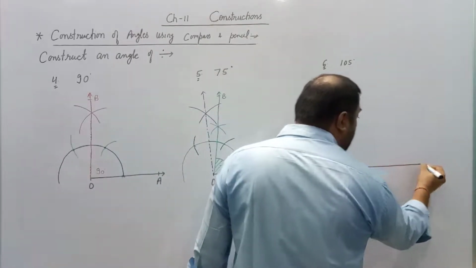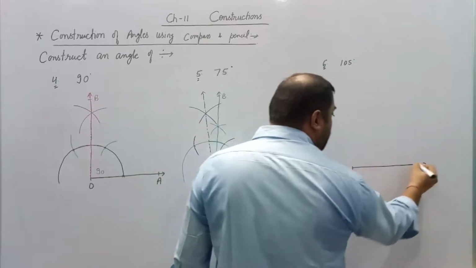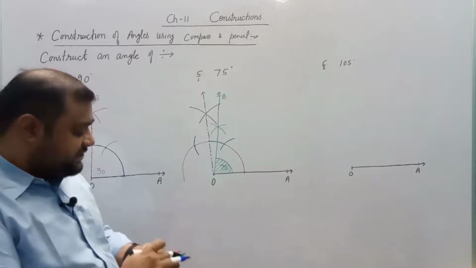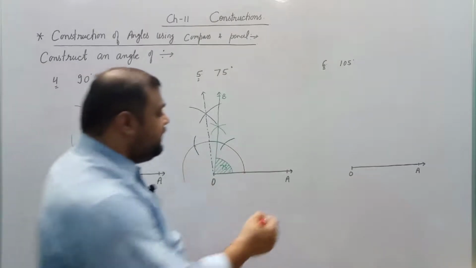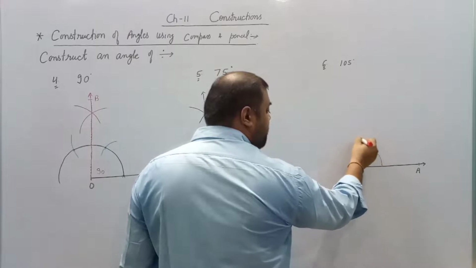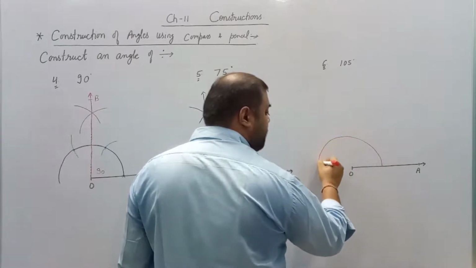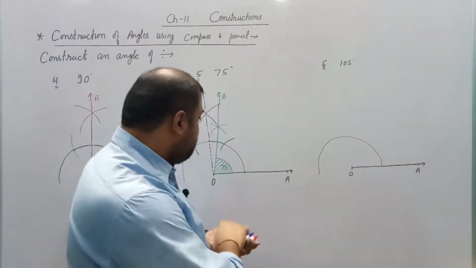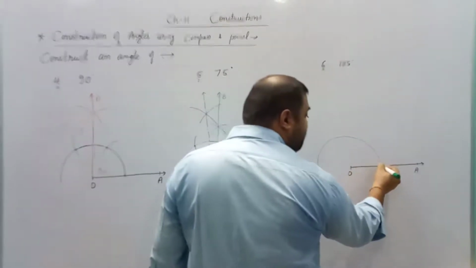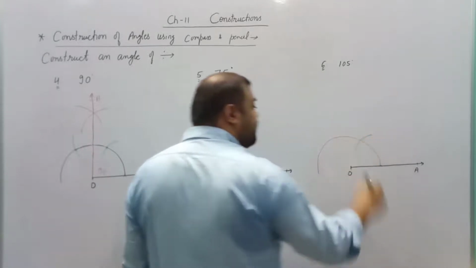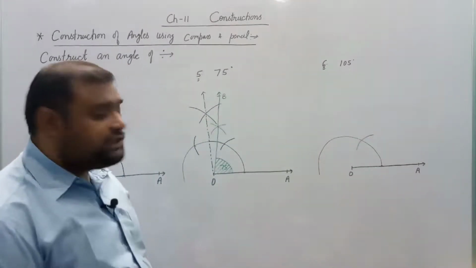Draw a ray OA of any length, taking O as center and with any radius, draw a semicircle. Taking this point as center and with the same radius, construct an arc, 60 degrees.